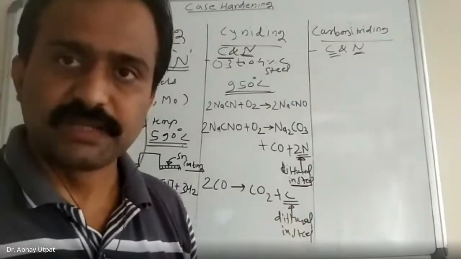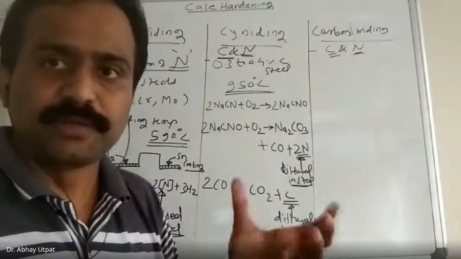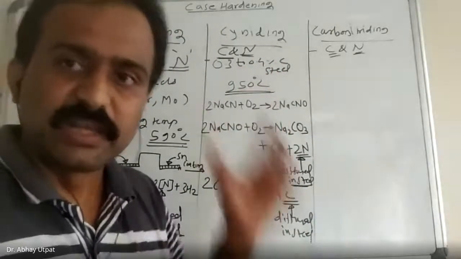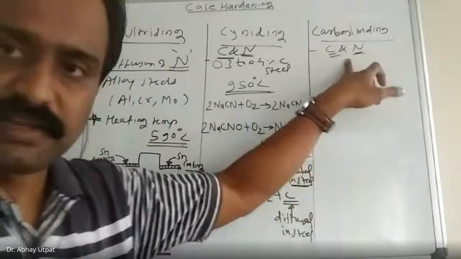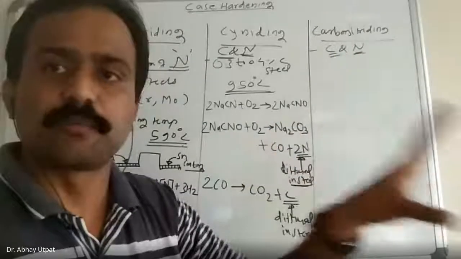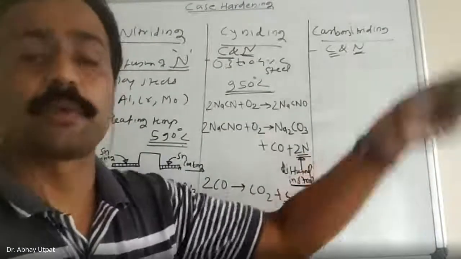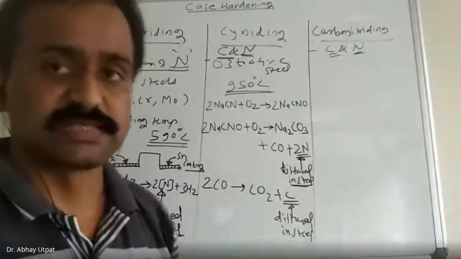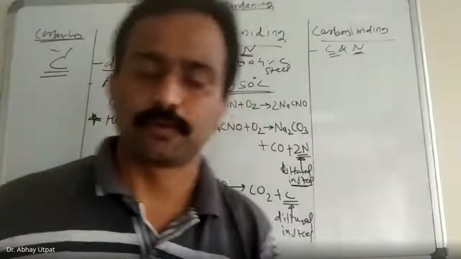I repeat once again, cyaniding, the environment of heating is liquid. Here it is an electrically heated furnace and the environment is gaseous. It's just like a box with your components kept there, and you are passing a number of gases. Which gases are responsible for diffusion of carbon and nitrogen?